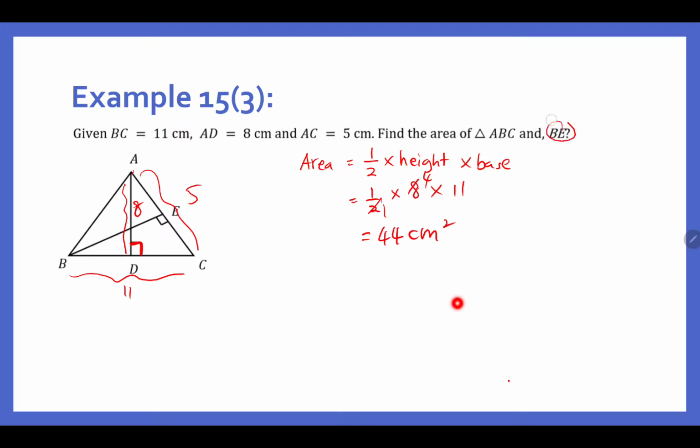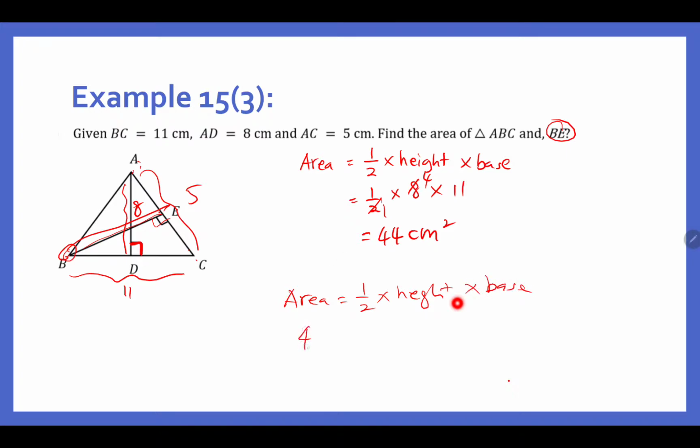And then kita nak cari BE. BE ni pun adalah daripada satu vertex kepada opposite side perpendicularly. So kalau kita pusingkan triangle tu sehingga AC menjadi base. Okay, awak bayangkan AC jadi base, so BE akan jadi dia punya height. Betul tak? Okay, so area equals 1 over 2 times height times base.